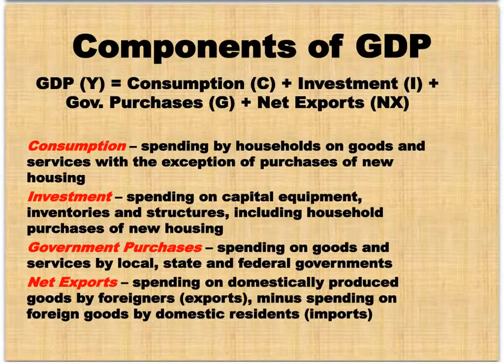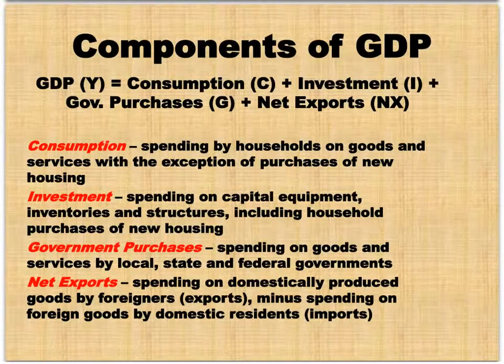Let's talk about the components of GDP. Fortunately, there are only four. GDP is composed of consumption, which is spending by households on goods and services: hamburgers, cheeseburgers, pizza, clothes, washing machines, haircuts, with the exception of new housing.